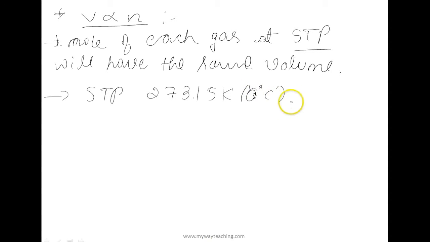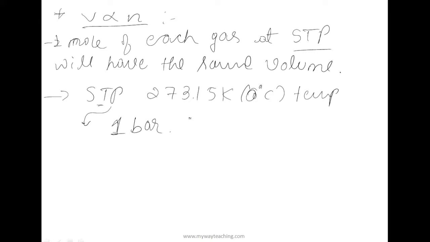This is the temperature, and the pressure is 1 bar. This is what we call standard temperature and pressure. These values approximate the freezing temperature of water and atmospheric pressure at sea level. At STP, the molar volume of an ideal gas or a combination of ideal gases is 22.71098 liters per mole.